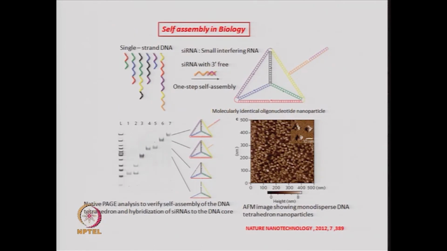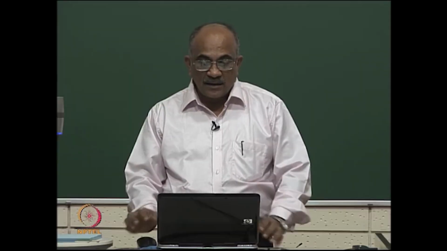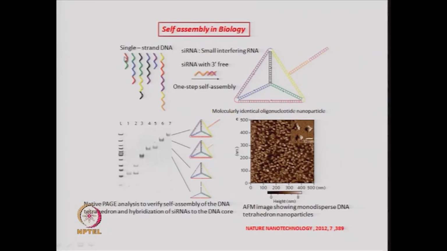Now, there are many other examples in biology, and a lot of work is done in biology using single strand DNA. Normally DNA, as you know, is a double helix. So, there are 2 strands in a DNA. However, you can get single strand DNA with a particular sequence of amino acids.